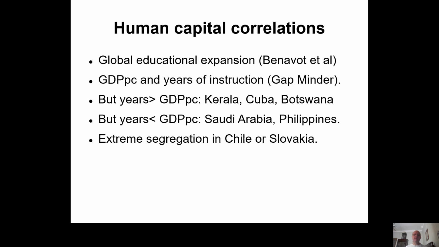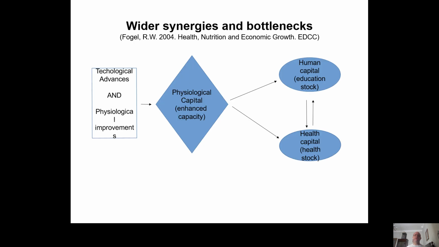We will go into the details afterwards. I want to close with this very interesting diagram, in my view, which I constructed drawing on an article by the economist Robert Fogel, because this diagram shows that there is an interaction between human capital or education stock, and health capital or health stock, so that education is not isolated.